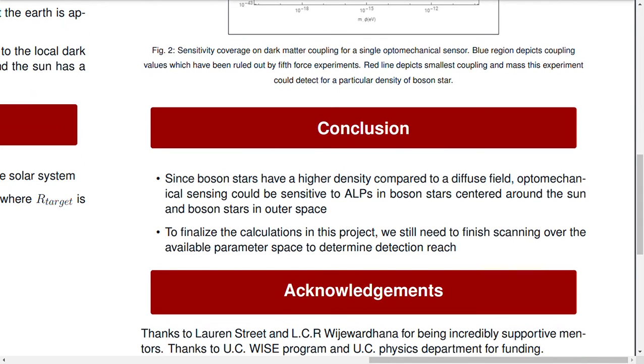So in conclusion, we determined that this type of experiment would be useful for searching for axion-like particles in boson stars, for stars centered around the Sun, and for stars in outer space. To finalize calculations in this project, we still need to finish scanning over the entire parameter space to determine the detection reach.